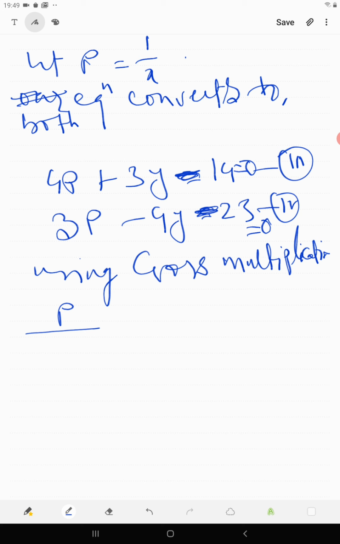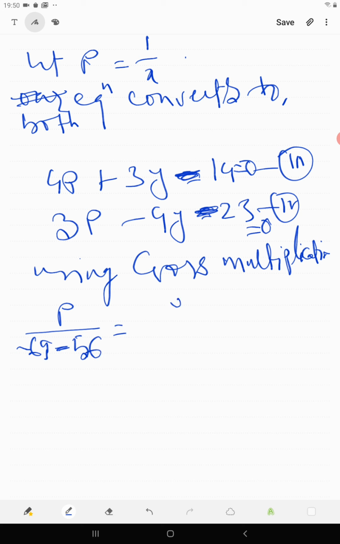Similarly, 23 was positive on the right, I bring it to the left and it becomes negative. Now p divided by 3 into minus 23, that is minus 69, and then minus 4 into minus 14, so minus minus plus, and 14 into 4 is 56, so minus 69 minus 56.